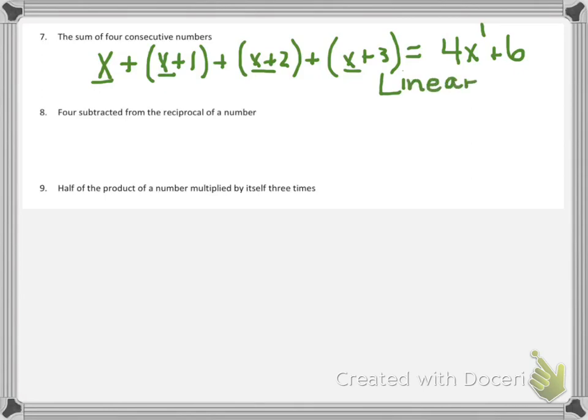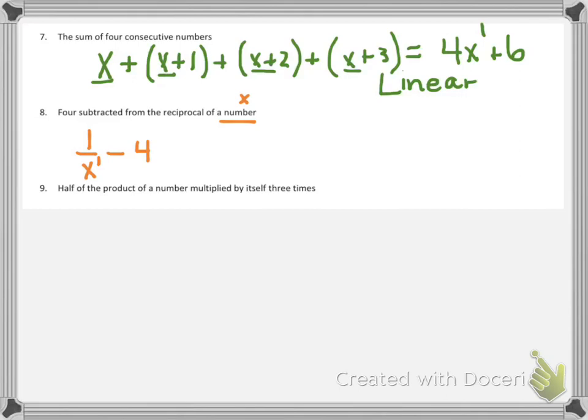All right, number 8. 4 subtracted from the reciprocal of a number. So if the number is x, the reciprocal of that number would be 1 over x, and then we're going to subtract 4 from that, so minus 4. 1 over x minus 4 is our expression. And it looks like there's a 1 exponent, so it looks like it's linear.